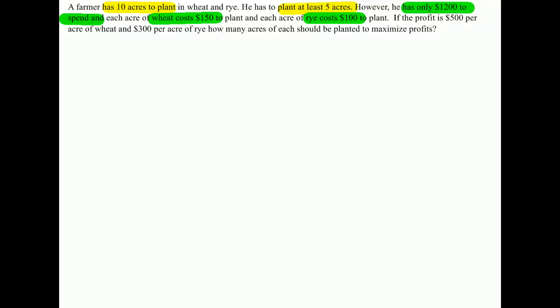So what we're going to do is create a feasible region using these constraints, and then we are going to maximize an equation we're going to write here in terms of the profit that he will make.